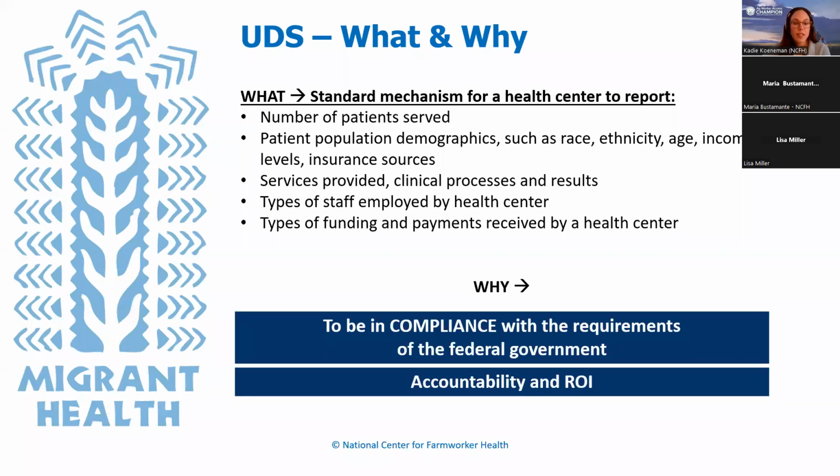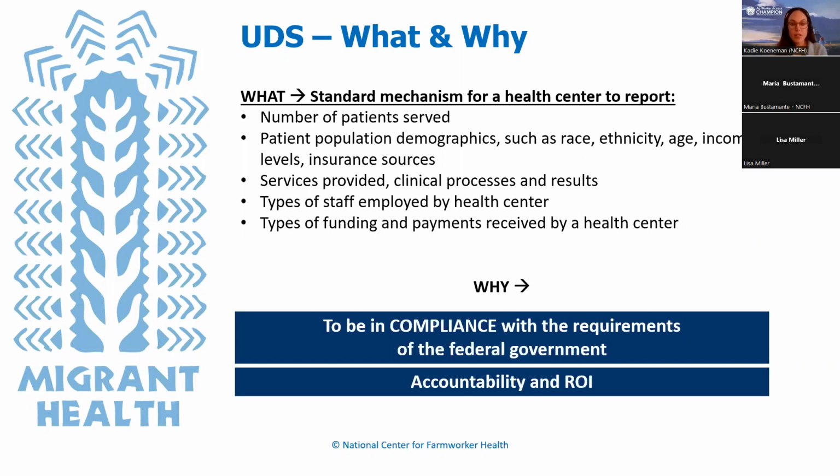The UDS stands for Uniform Data System. This is a government-required electronic reporting mechanism for health centers funded under the Public Health Service Act, Section 330. This includes community health centers, programs for migrant health or migrant health centers, healthcare for the homeless, and residents of public housing.